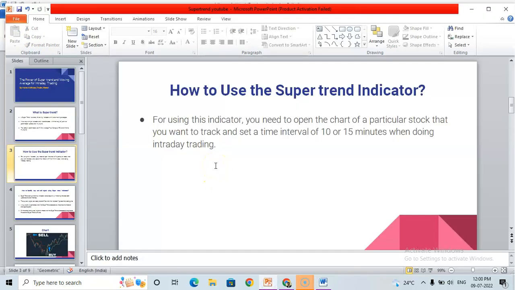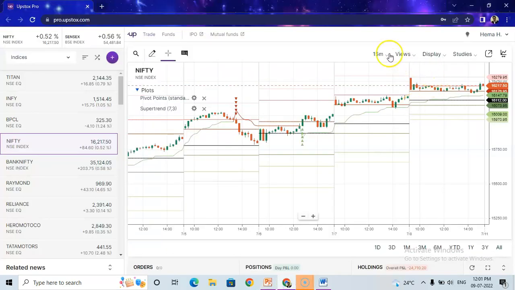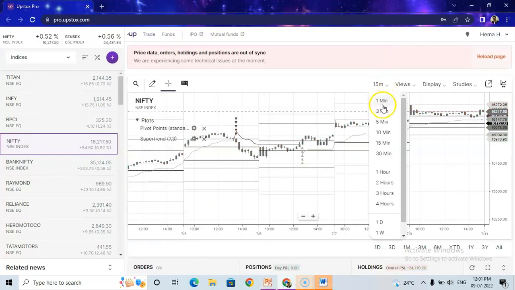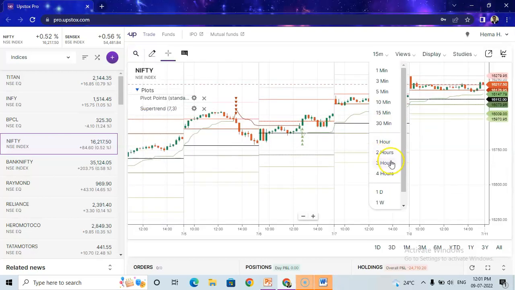This is the Supertrend, and you have to use the 15 minutes chart. Under period, timing options are 1 minute, 3 minute, 5 minute, 10 minute, 15 minute, 30 minutes, 1 hour, 2 hour, 4 hour, 1 day, 1 week and 1 month. So for intraday you can use 15 minutes. It is more accurate than 5 or 10 minutes.